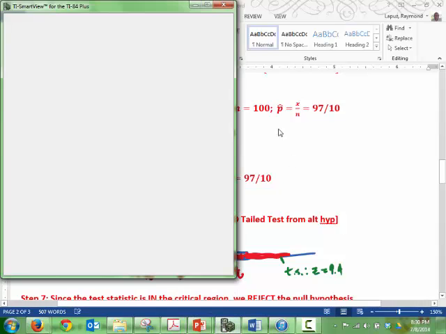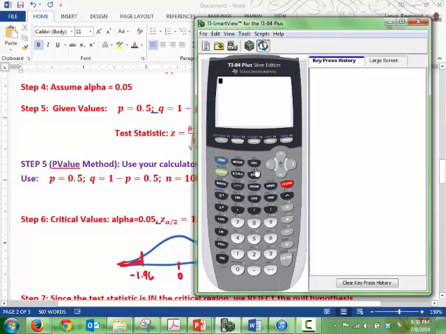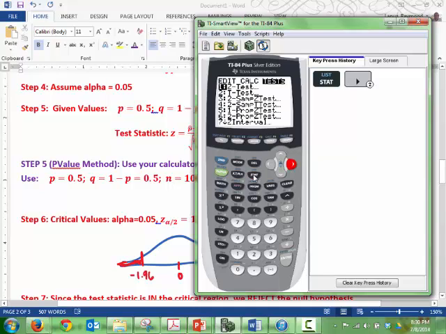But in our calculator, you know how we had those intervals? Well, the counterparts are the tests. So let's go to stat, tests, and for the first one, for this example, it's a proportion. It uses the z, and then we're going to use a test.